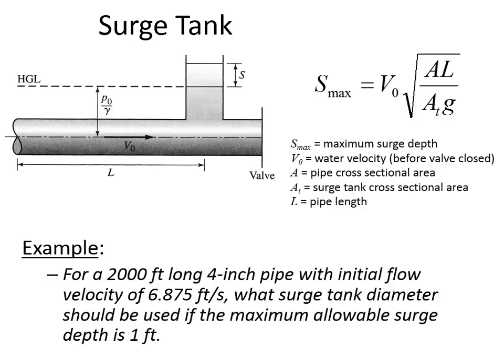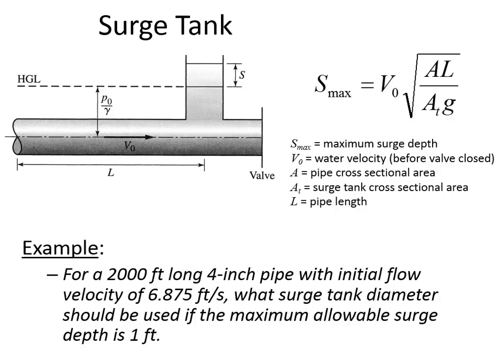We can rearrange that to be S max divided by V naught squared is A_L, area of the tank, times G. And then the area of the tank should be the area of the pipe, the length of the pipe, S max, the allowable depth, over the initial velocity V naught squared times G.